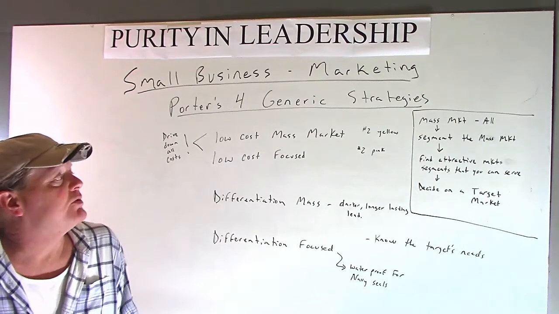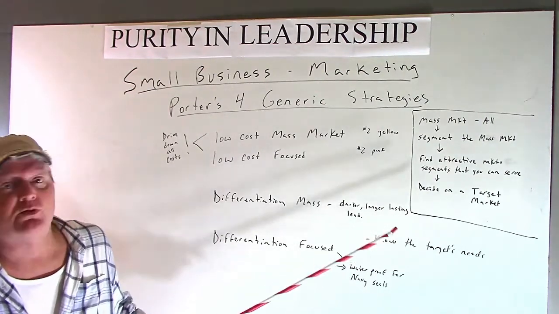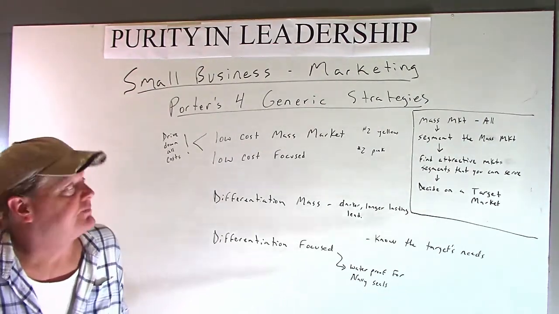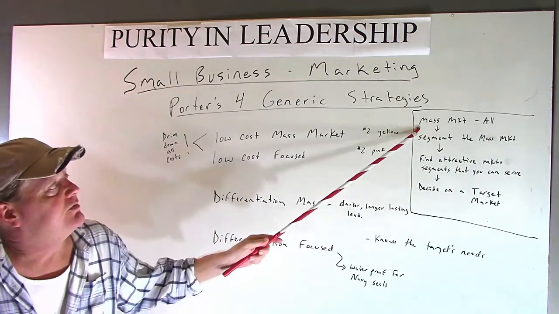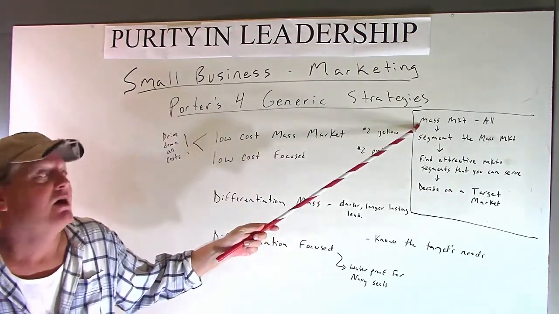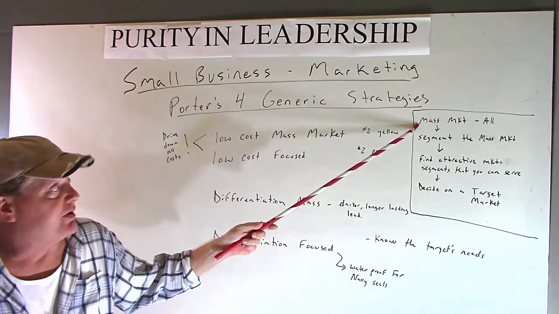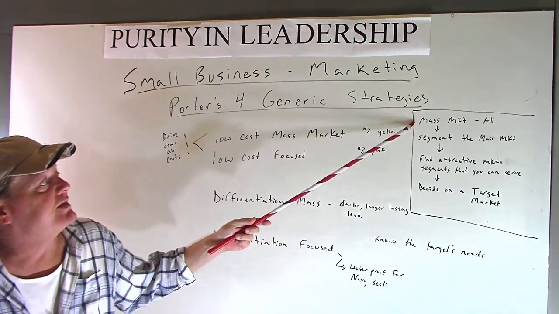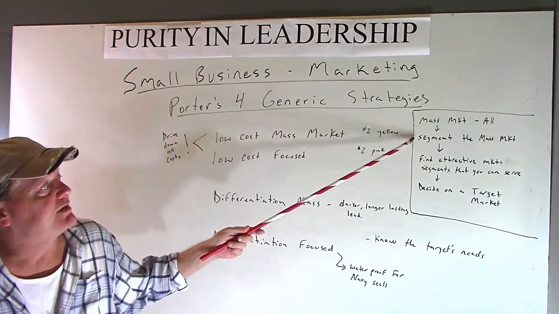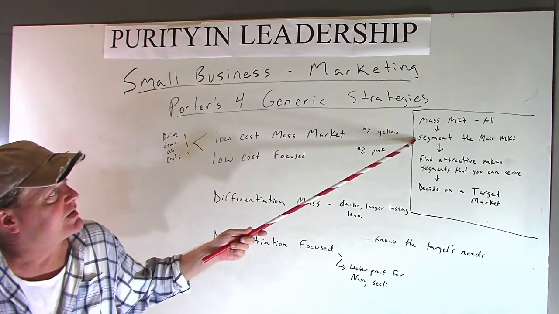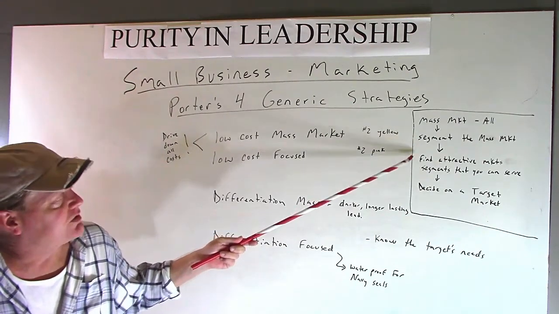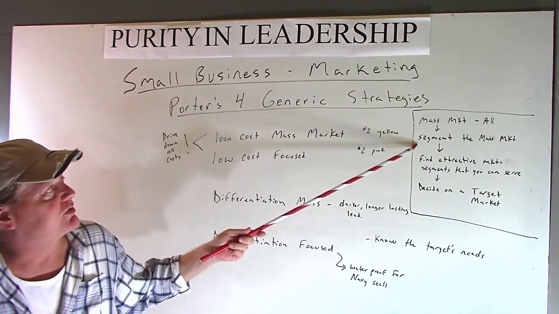But for this video, we have to cover the basics for people who are new to marketing. So we have mass marketing, where our product is meant for basically everybody. But we could take that mass market and segment it into groups of people that are similar.